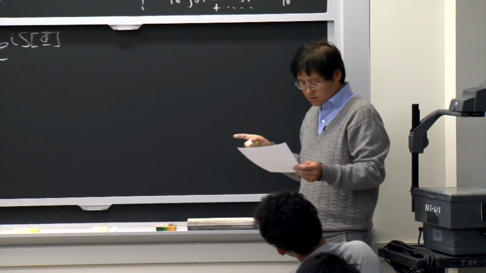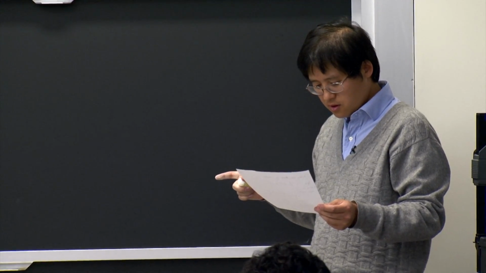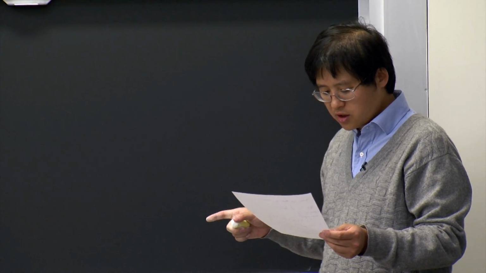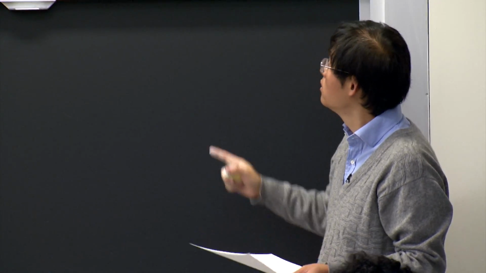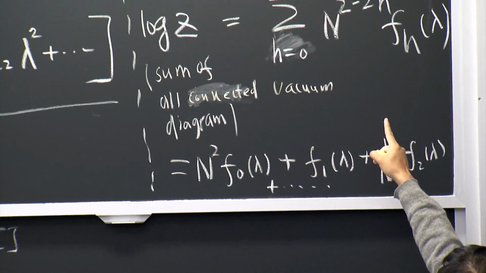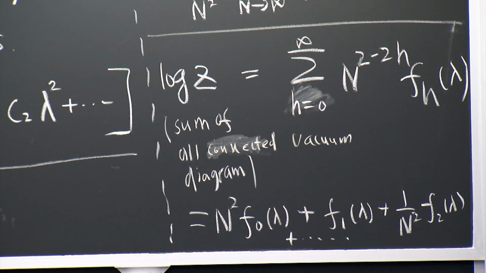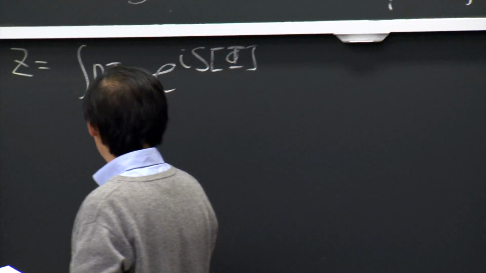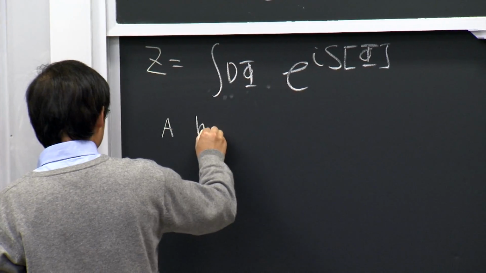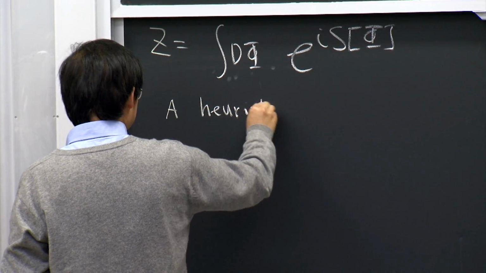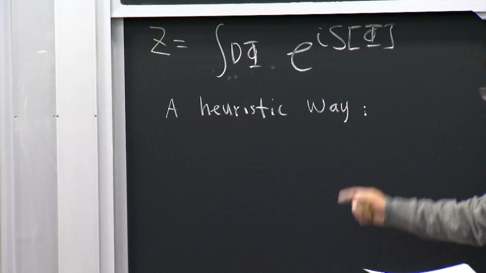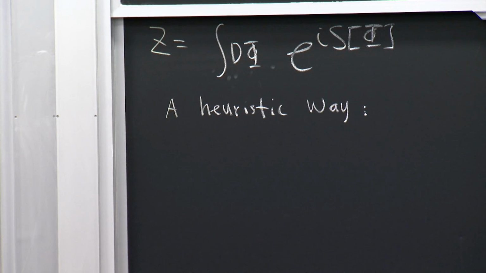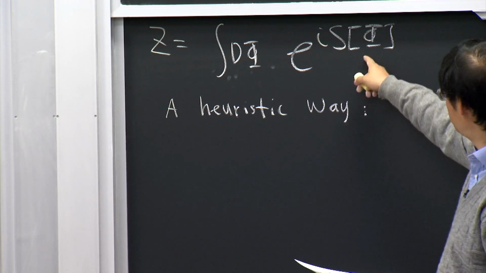Good. Now there's a heuristic way we can understand this one over n expansion. So let's just look at this path integral.